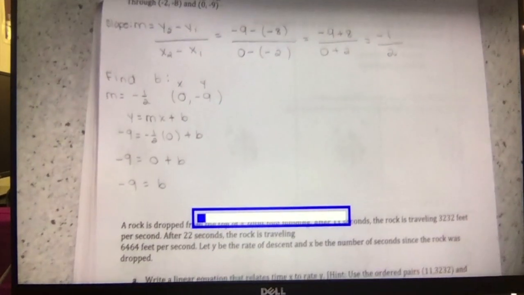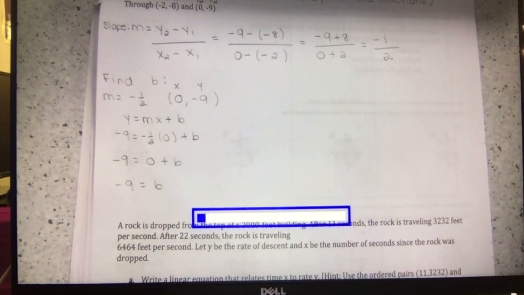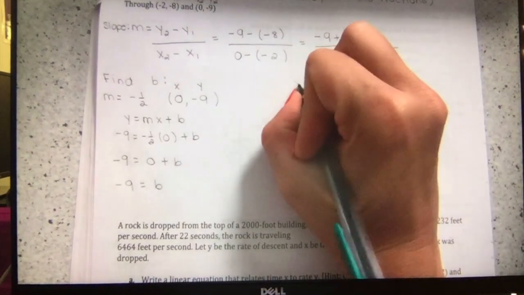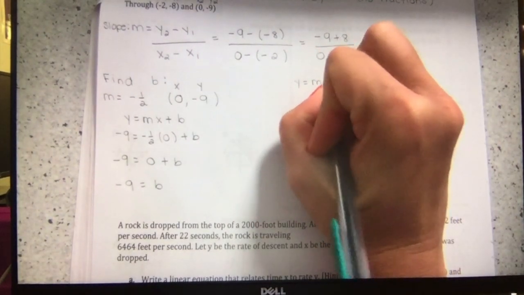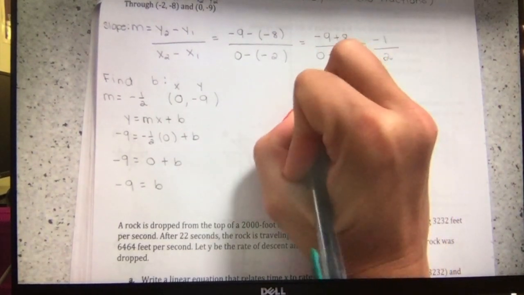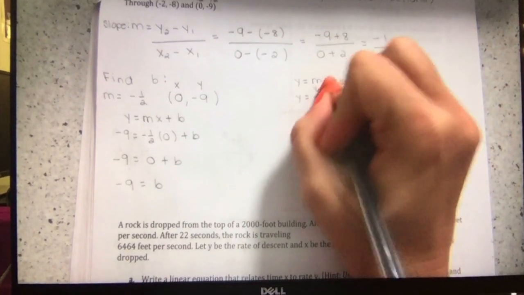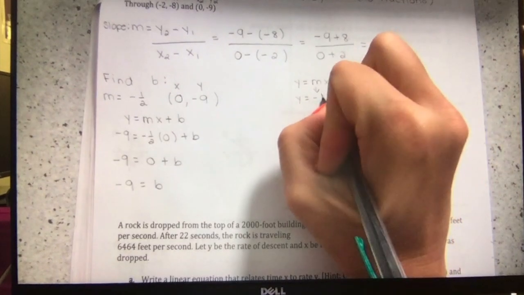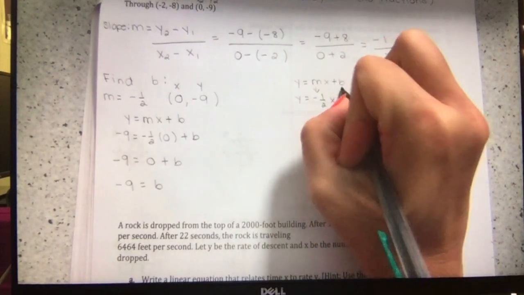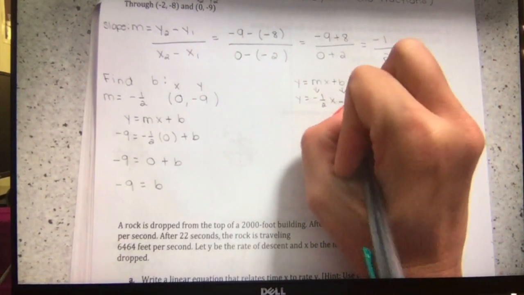We're getting closer. Putting this all together, y equals mx plus b. We know m is negative 1/2 and we know our b value is negative 9.